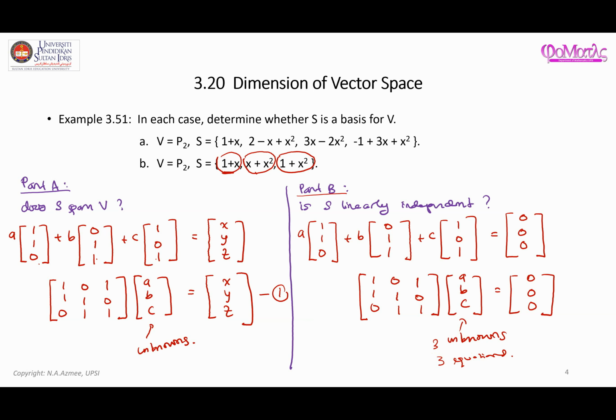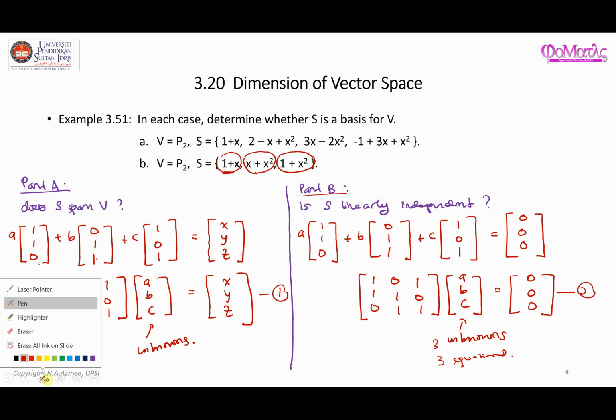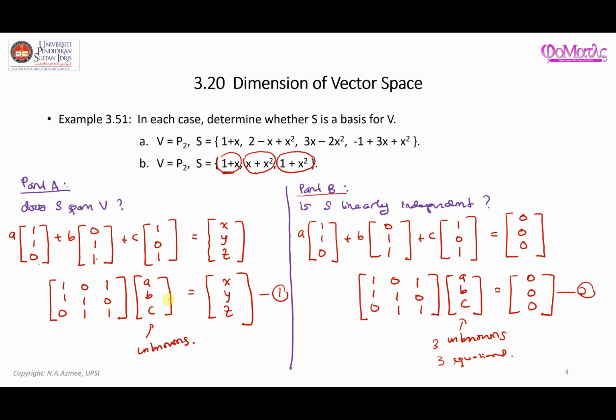We might be able to show that it is linearly independent, and so it doesn't matter if you want to start from part B or part A, but let's say we start with part A. Therefore, I'm going to consider equation 1 from part A. Then proceed towards combining all this together in an augmented matrix.